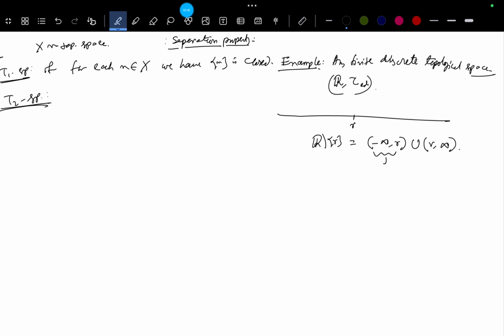So this is an open set, an open subset. So the entire union is an open subset. That means {r} is closed.